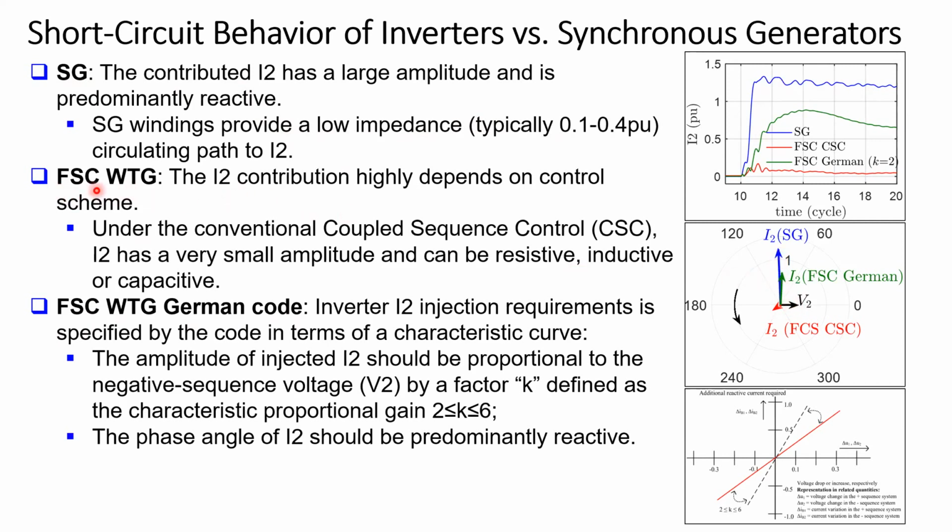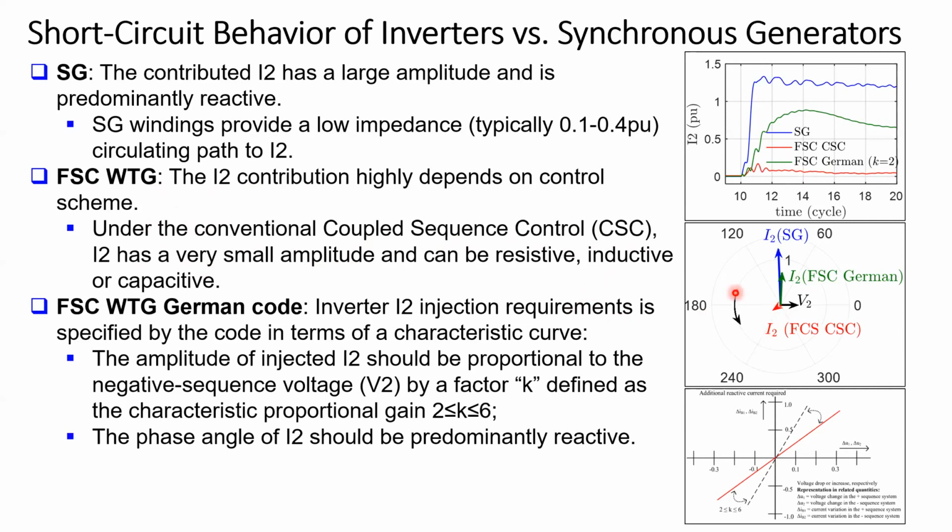By contrast, under a type 4 wind turbine generator, the I2 contribution highly depends on the control scheme. Under the conventional coupled sequence control, CSC, where the negative sequence current is fully suppressed, I2 has a very small amplitude. So you can see here, because of the I2 suppression control, I2 has a small amplitude.